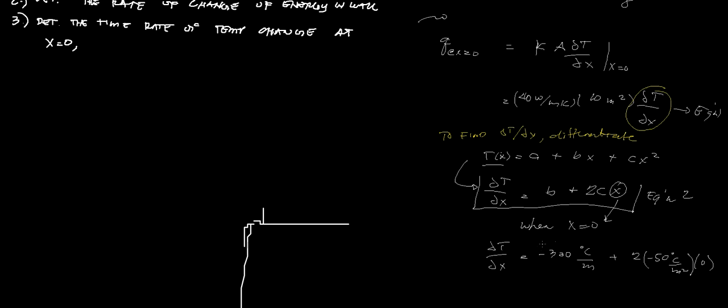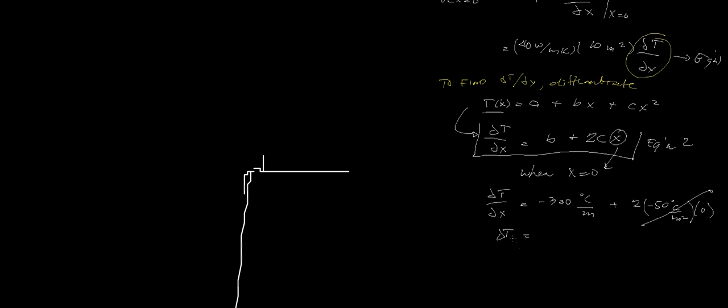Okay, so this term will be cancelled out. Then the derivative of T with respect to x when x is equal to 0 is equal to negative 300 degrees C per meter.